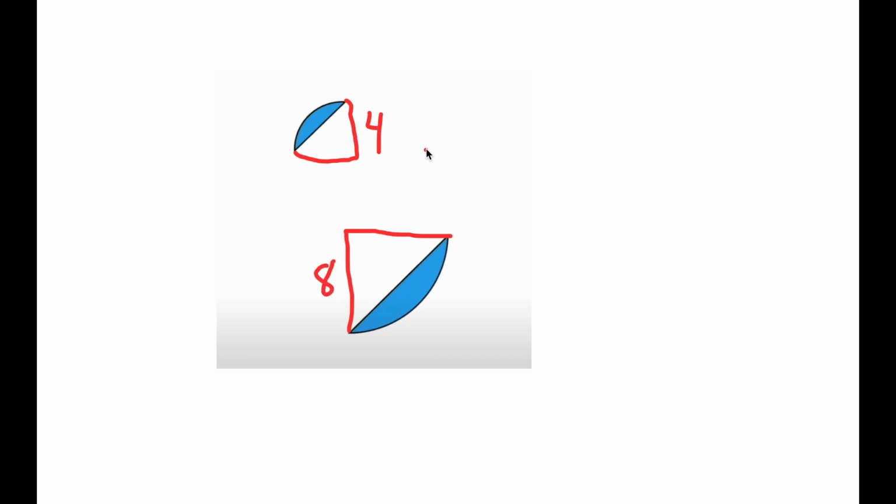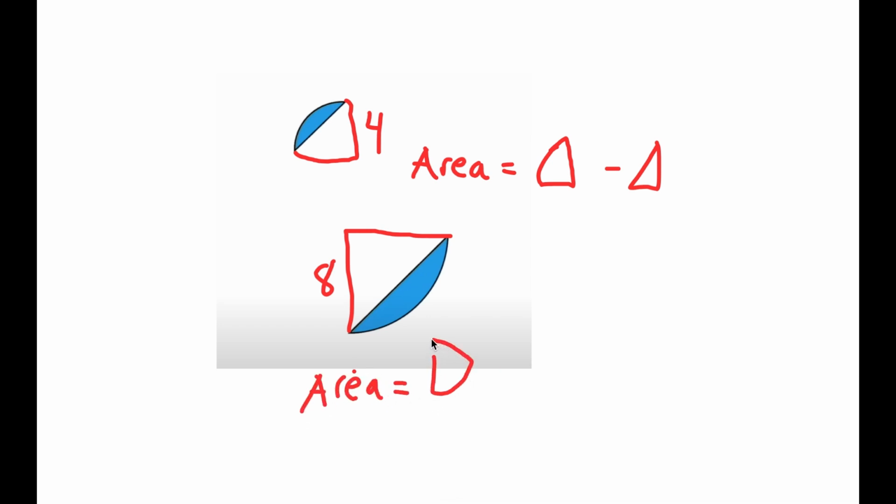And the area of this is going to equal this semicircle minus this, because this is what we added in. So for this one, it's going to be the entire thing minus this portion right here.